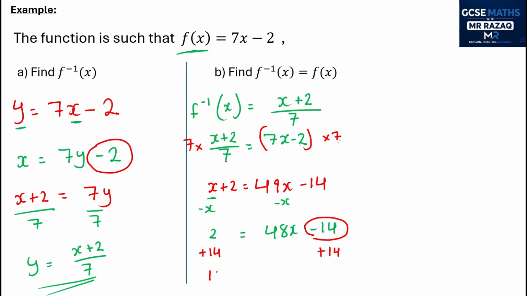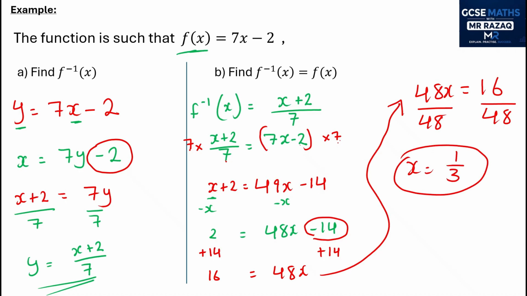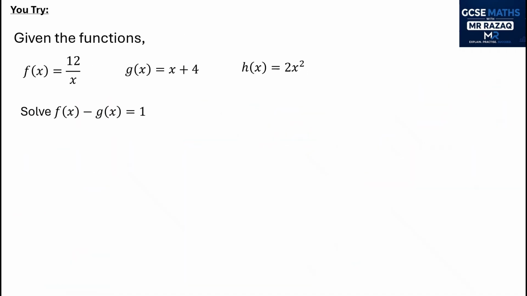We're left with 16 is equal to 48x. So we've got 48x is equal to 16. Divide both sides by 48. And the value of x is 16 divided by 48, which is 1/3. And that's my answer. x is equal to 1/3.